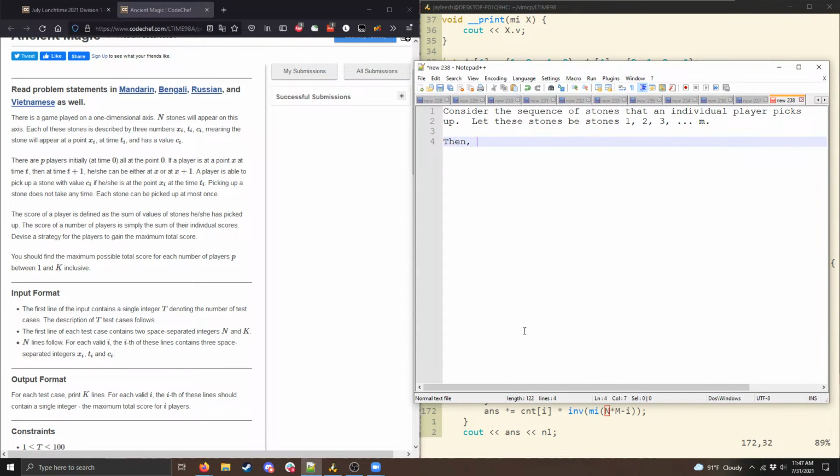Then we can quickly see that x sub i has to be less than or equal to x sub i plus 1, because the players can't move backwards. But moreover, what we realize is that in order to get from stone i to stone i plus 1, x sub i plus 1 has to be less than or equal to x sub i plus the maximum distance that can be traveled, which is t sub i plus 1 minus t sub i.